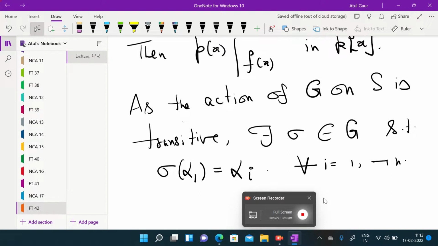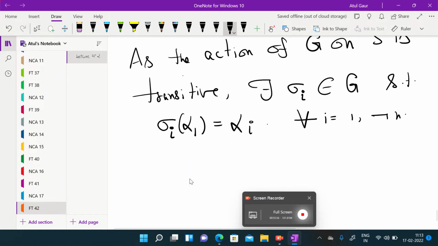There may be other automorphisms as well which map alpha_1 to alpha_1, right? So let's call it sigma_i. You will get an automorphism sigma_i in G for which sigma_i(alpha_1) is alpha_i, right? Is that fine? This is because the action is transitive.